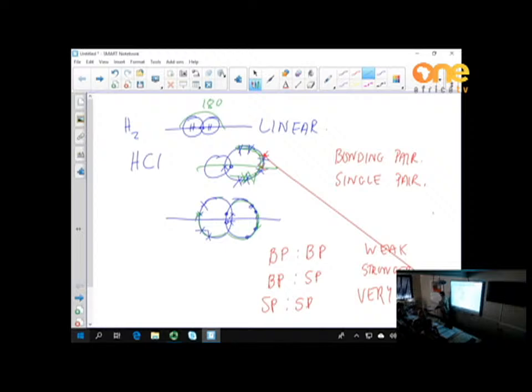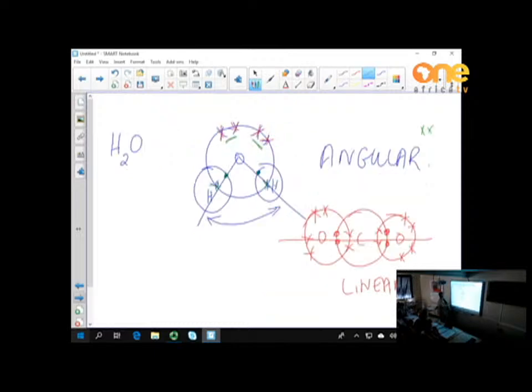Now the specific example is that of water. And the hydrogen-oxygen-hydrogen bond over here, in other words, that angle is equal to 104.5 degrees. Water, yes.